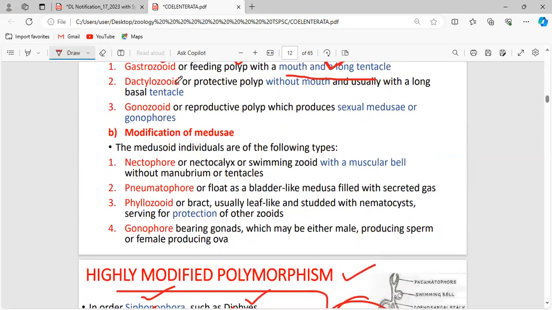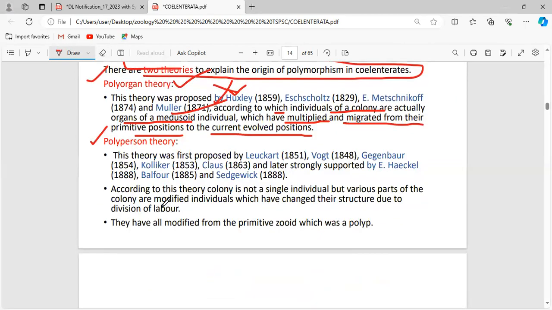See, this gastrozooid, dactylozooid, gonozooid, nectophore, pneumatophore, phyllozooid, gonophore, everything will be the parts of medusa. Okay, that is called the polyorgan theory. Many organs are seen in the medusa.